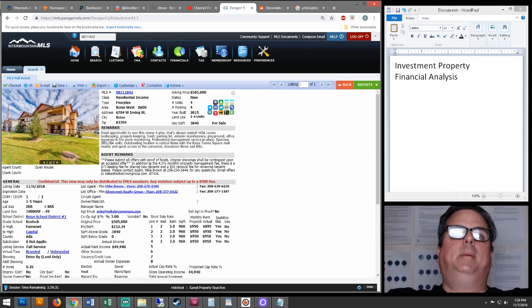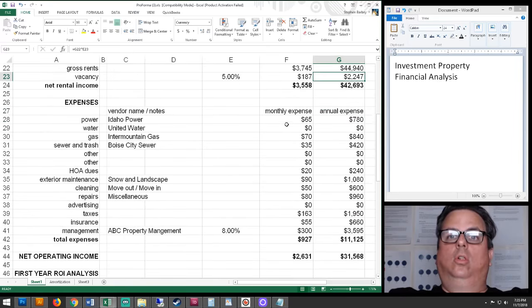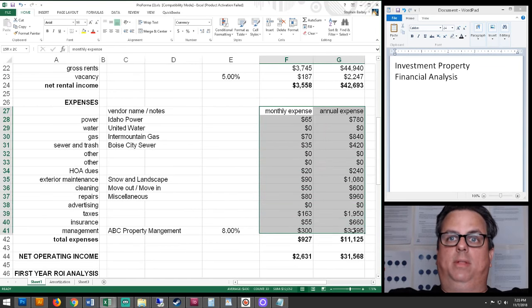With that being said, however, Mike Brown, in this example, and many other agents in our market are going to be putting fourplexes on the market just like this, with basic property information and some rent roll information. What every agent should be doing, including yourselves, if you get a commercial or investment property listing, is put up a pro forma financial analysis with it that includes all of these expenses.